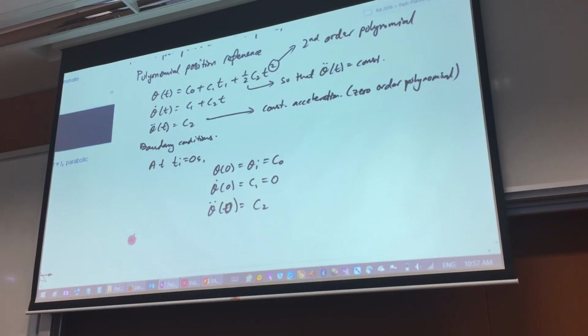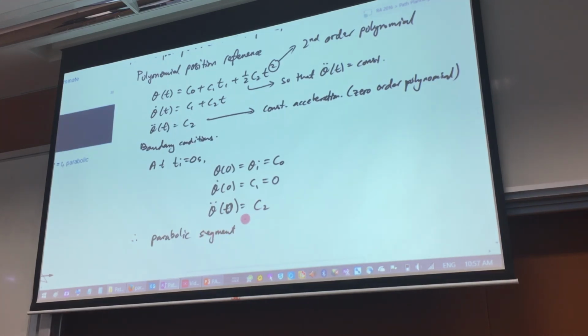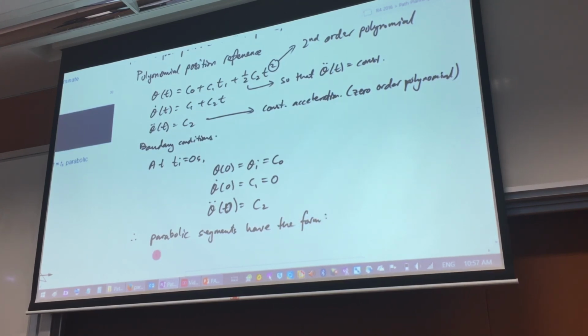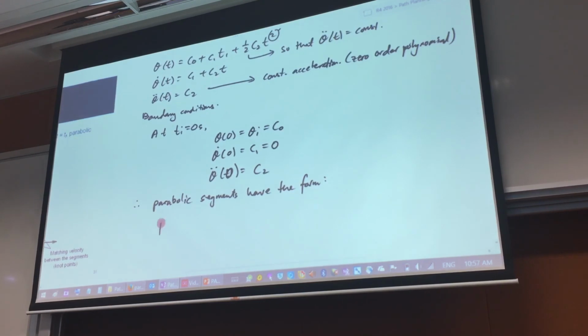So therefore, my parabolic segment has the form, for the 3 of them, positions: you will have theta I plus half C2 t squared. For your velocity, theta dot t equals C2 t.